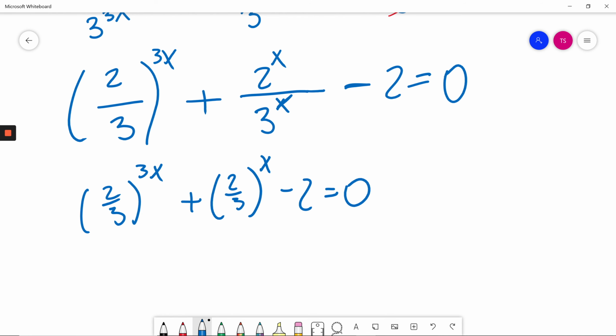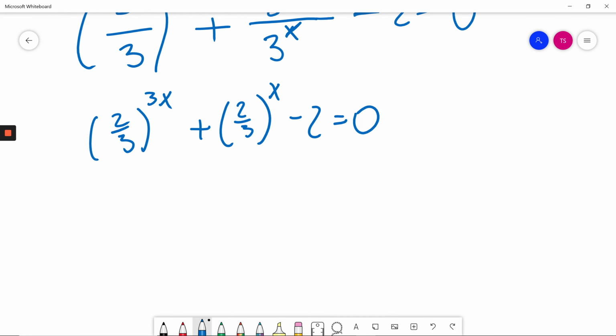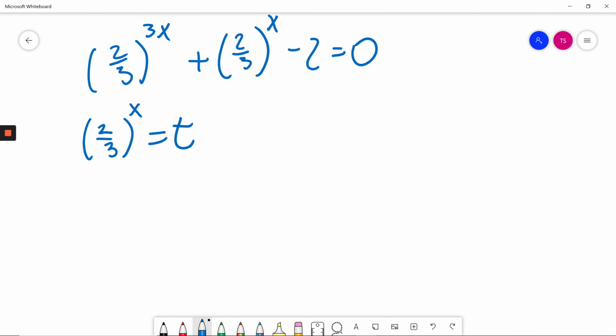Now I can make a substitution. 2/3 to the power of x will be equal to t. So then my equation becomes t cubed plus t minus 2, this is equal to 0.